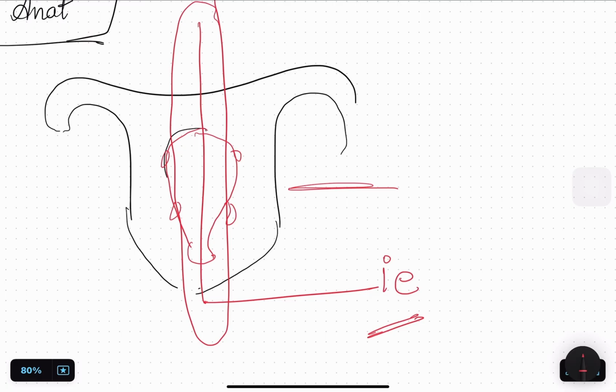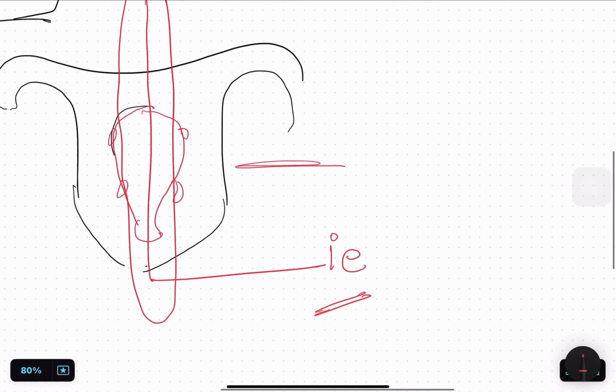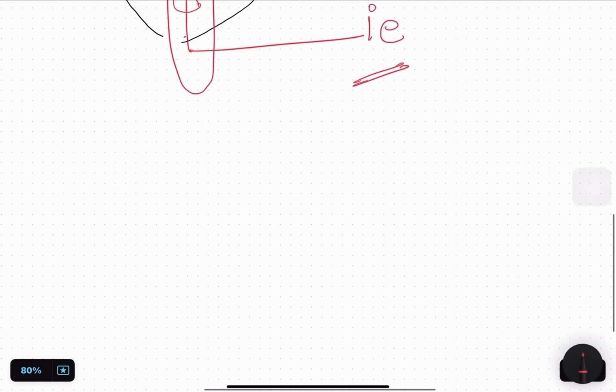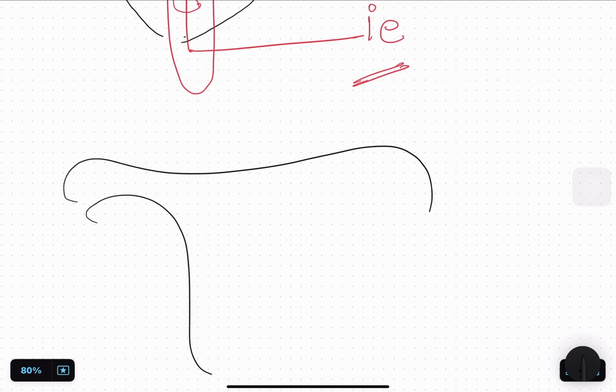Now what is attitude? Let me take the next page for your ease. Attitude is the relationship of different fetal parts to one another. So learn it this way.